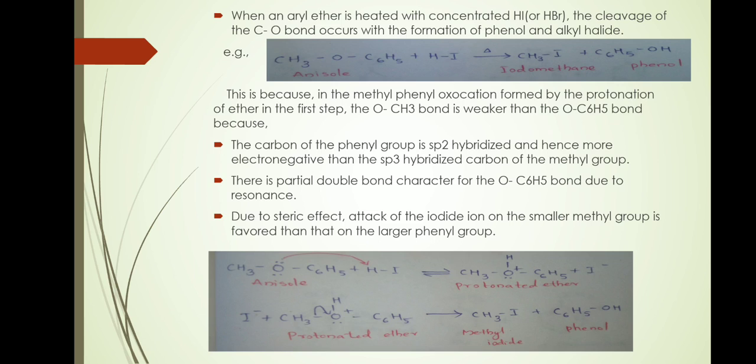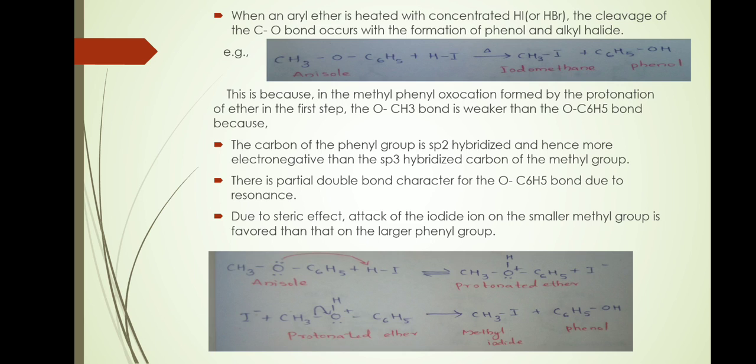step, the O-CH3 bond is weaker than the O-C6H5 bond. First, the carbon of the phenyl group is sp2 hybridized and hence more electronegative than the sp3 hybridized carbon of the methyl group. Second, there is partial double bond character for the O-C6H5 bond due to resonance.